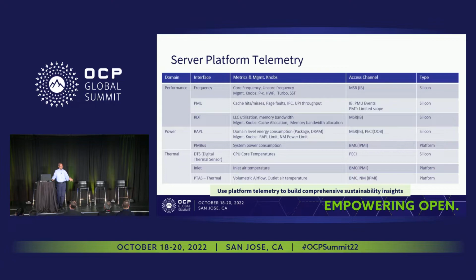The OCP has a Redfish profile in the hardware management project. The problem is it's optional, not mandatory. So one of the goals is to make it mandatory, then we can rely on it from platform to platform regardless of who it is, and build a solution around it. Similarly, we have a lot of hooks on the thermal side that we can use as well.